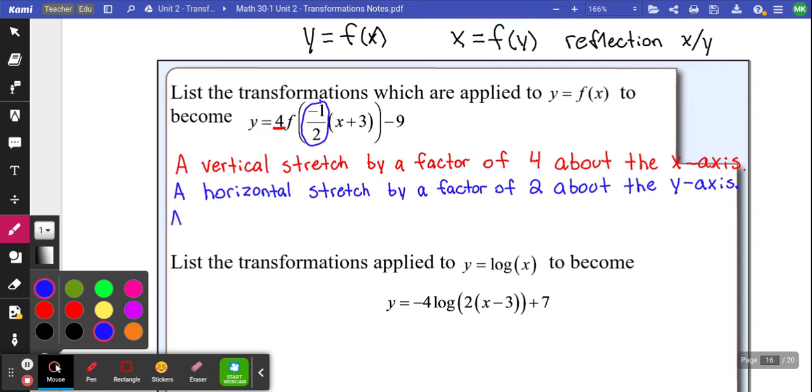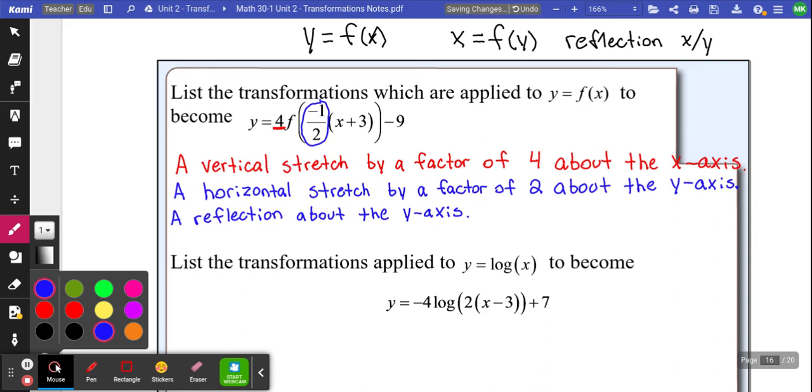We have a reflection about the y-axis. That covers your negative.